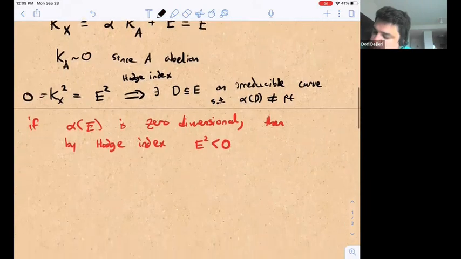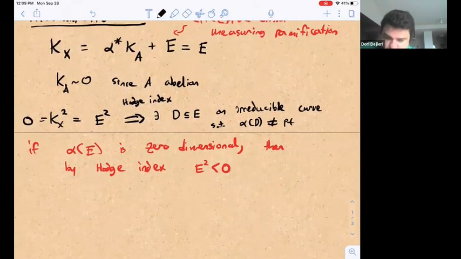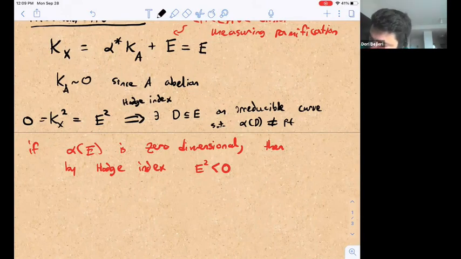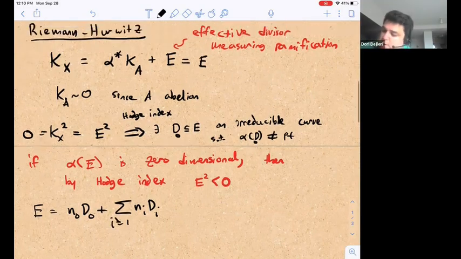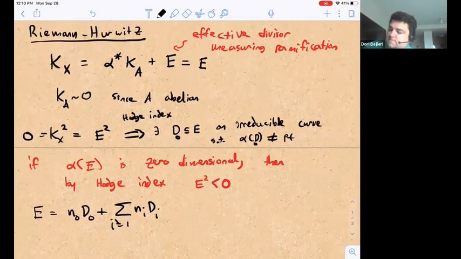On the other hand, let's look at what this component must be. Let's just write some notation. Let me call this component D0. And then E will be some N0 D0 plus whatever other components there might be. Sorry, and here I should have said, if E is not empty.